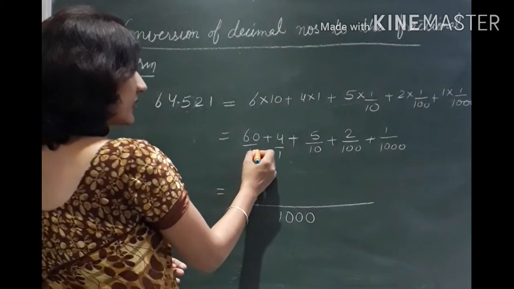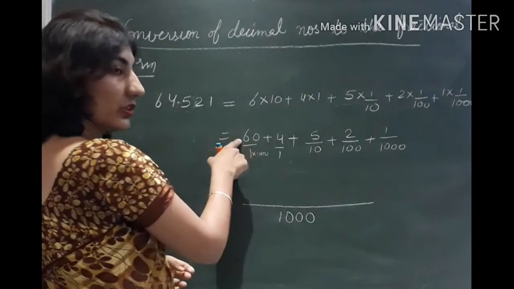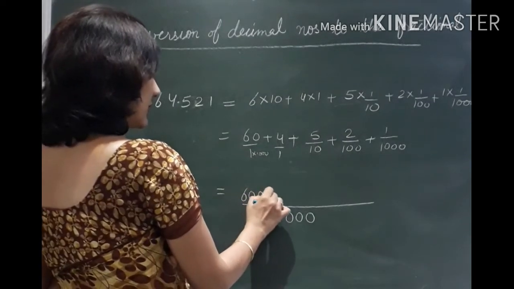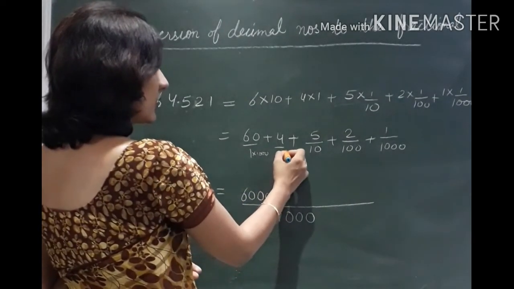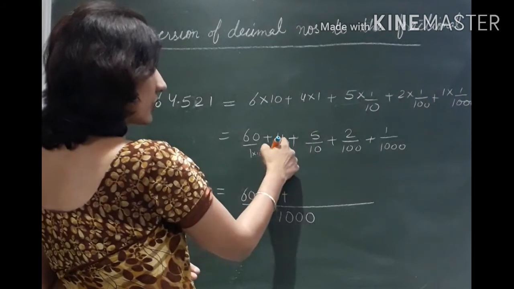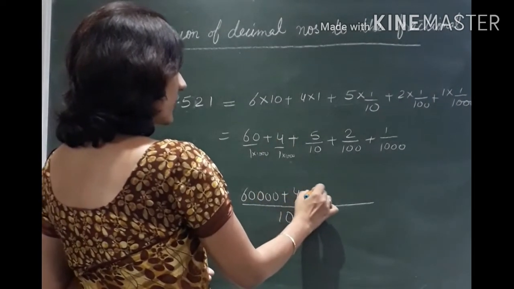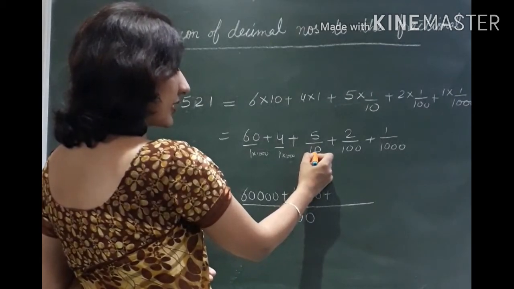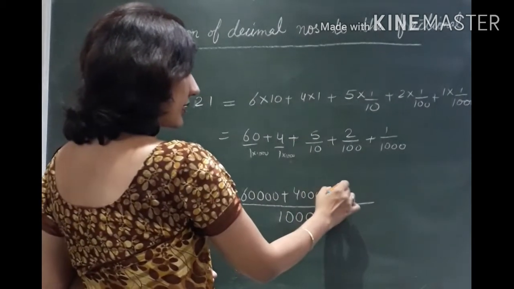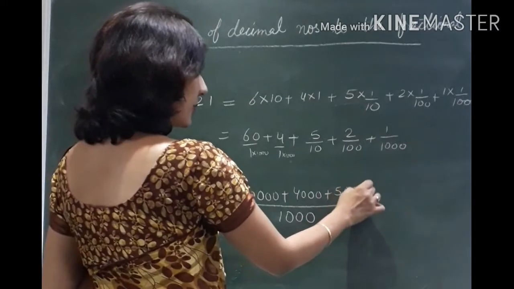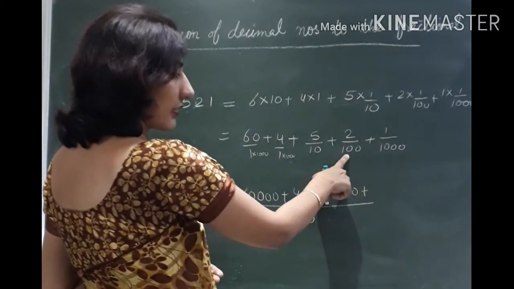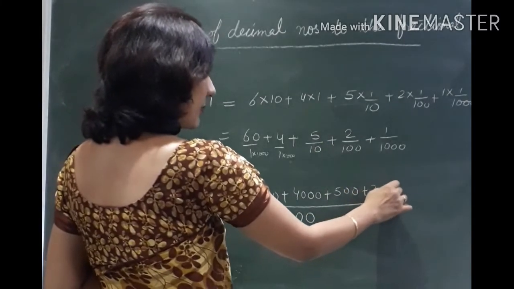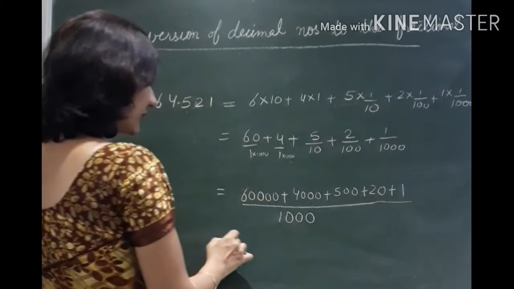So if I multiply the denominator by 1000, the numerator also I multiply by 1000. 60 into 1000 will be 60,000 plus 4 multiplied by 1000 is 4000 plus here 10 is there. To make it 1000, you multiply it by 100, 5 also multiplied by 100. It will be 500 plus 2. This 100 will be multiplied by 10, so 2 will be multiplied by 10. 20 plus 1. Add all this.